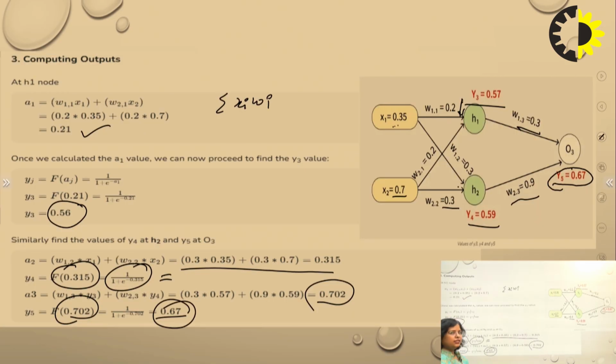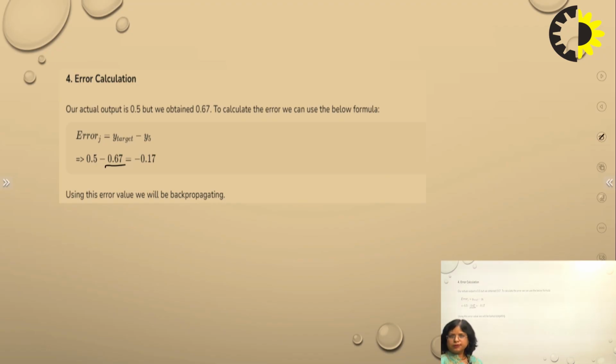So there is a difference between the expected output and the actual output we are getting. We calculate the error: target minus the output produced by the output layer. So 0.5 minus 0.67 is equal to minus 0.17. This is the error that our model produced.